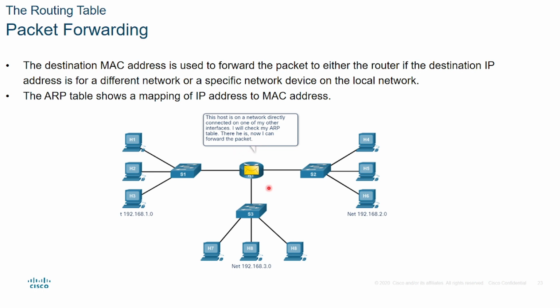So let's assume we're going to send a message from H1 to H6. H6 is connected to another port on this particular router. The message comes from the switch. Since the switch already knows this is not the IP address or MAC address the message is for, it forwards it to the router.